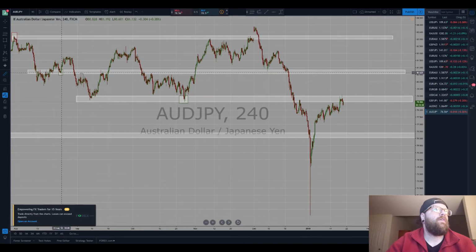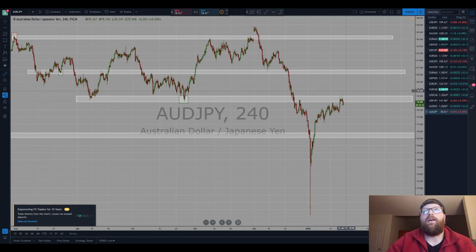This zone right here worth 30 pips. And the zone at the top probably a little bit less, 23 pips. And so, you're not looking for 100, 200, 300 pip range. You're looking for 25, 35, 45, maybe 50 pips at the most.